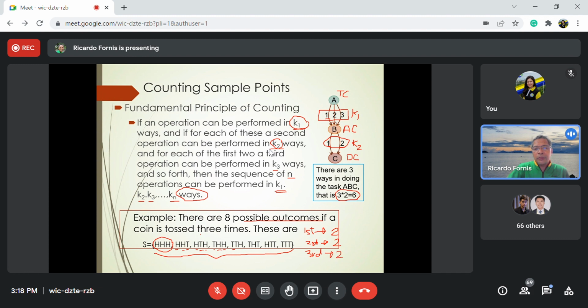And according to the principle, you just multiply. The first event can be done in 2 different ways, followed by another event which can also be done in 2 different ways, and the third event will follow the second, also with 2 possibilities. So you just multiply 2 times 2 times 2 equals 8.